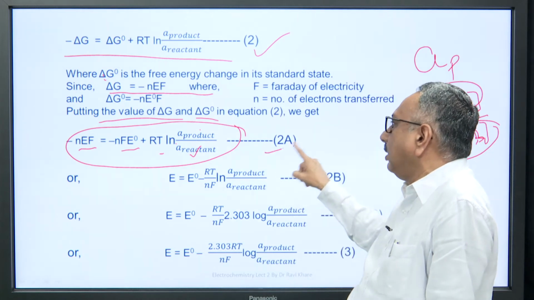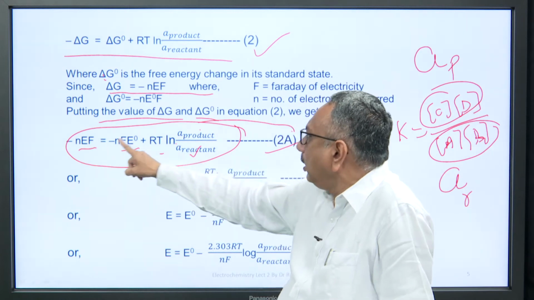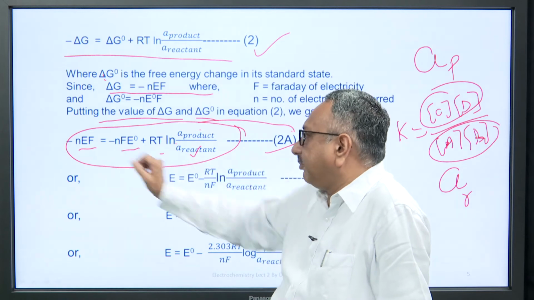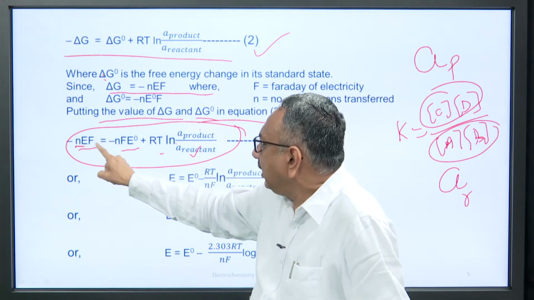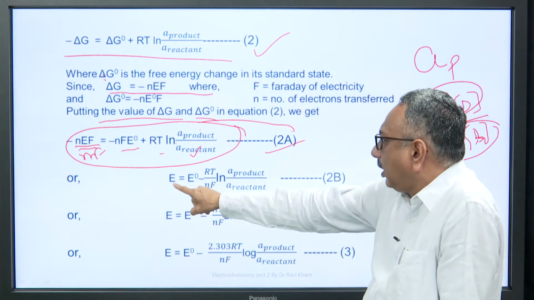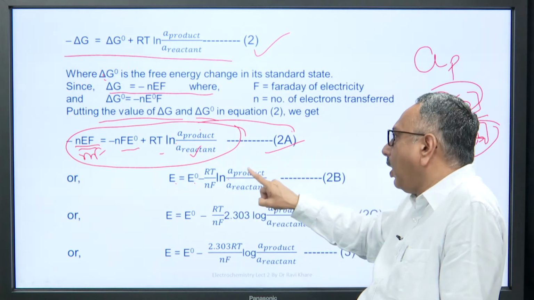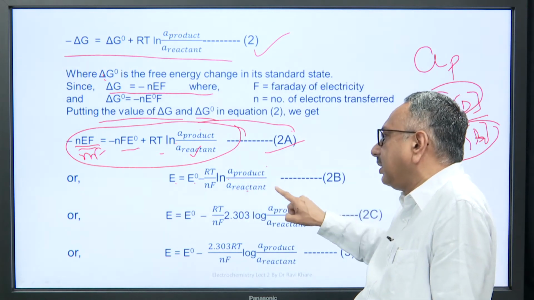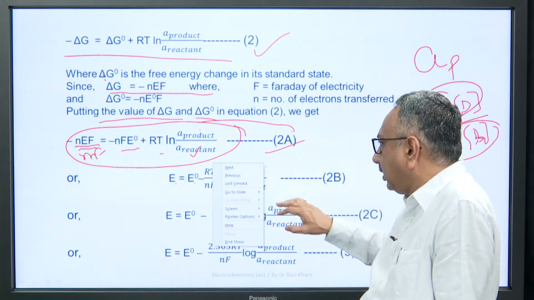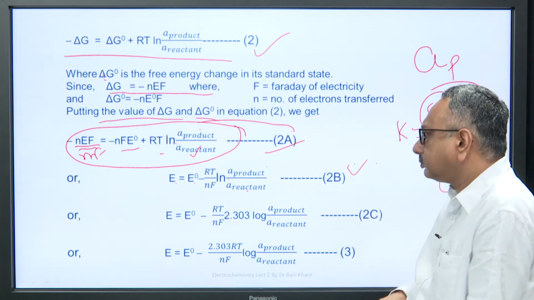Now, divide all the species in this equation by nF, and you will get E is equal to E 0 minus RT upon nF natural log of activity of product upon activity of reactant. So, this is equation number 2b.